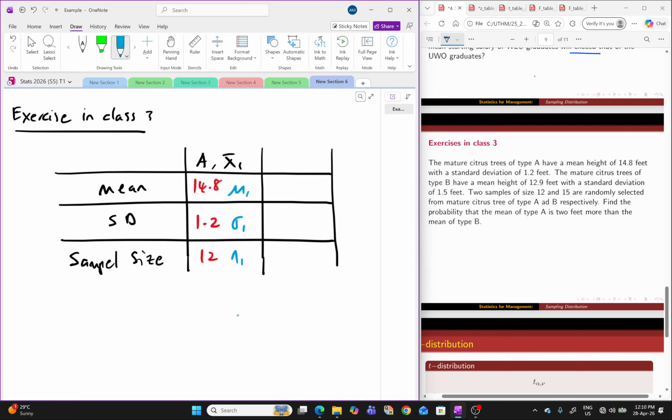This is A. You fill up for B now before I fill up. You try to fill up for B.